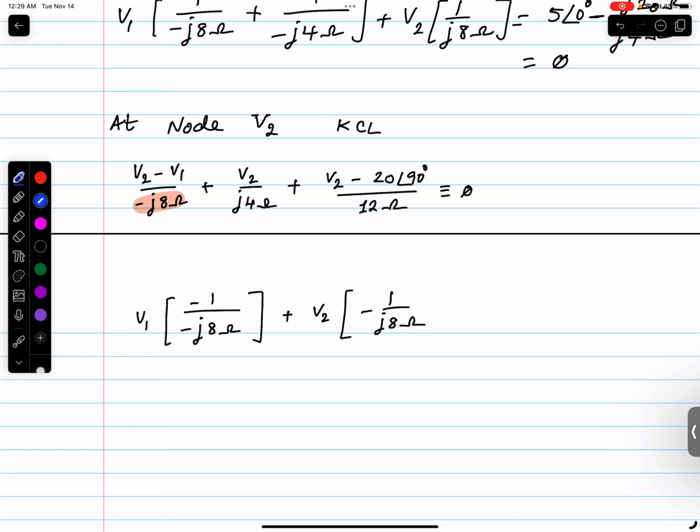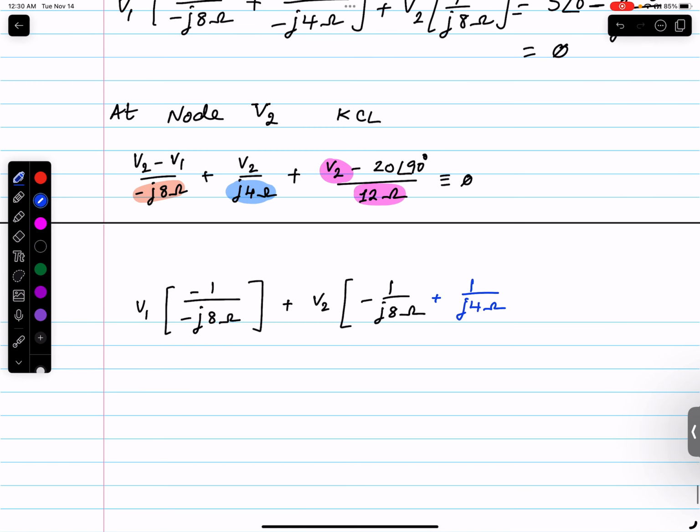Then I'm going to see J4 ohms, so that's positive 1 over J4 ohms. Then I'm going to see this V2 over 12, so that's going to be plus 1 over 12 ohms.